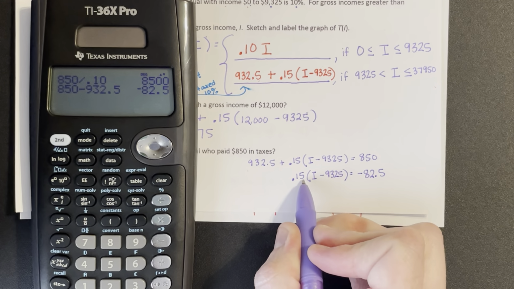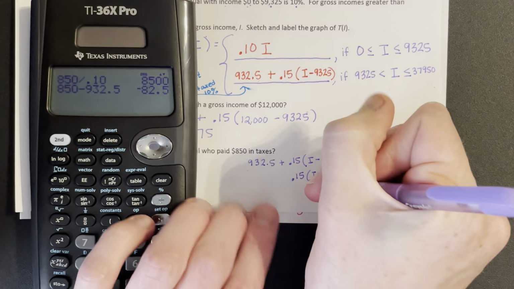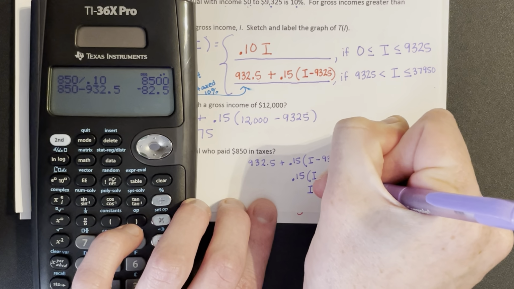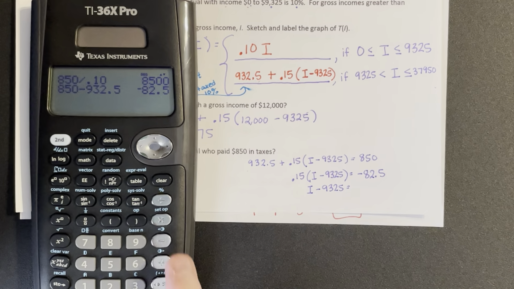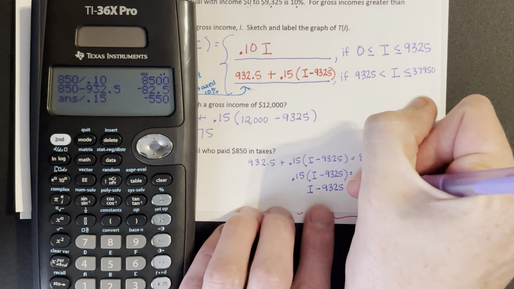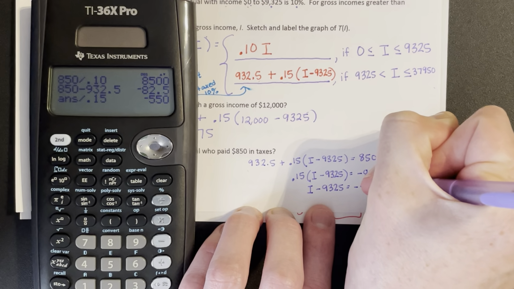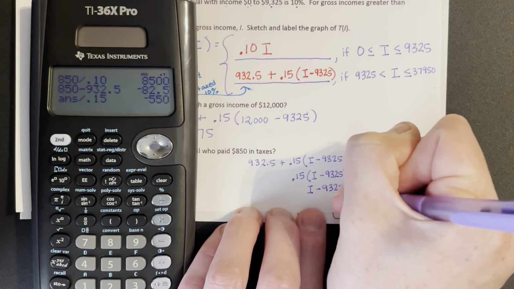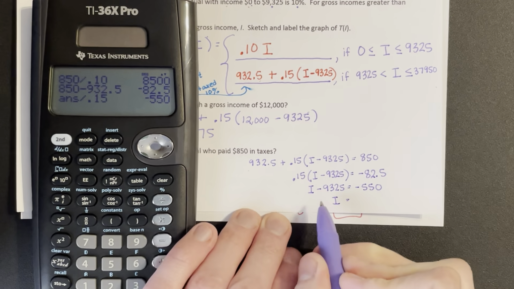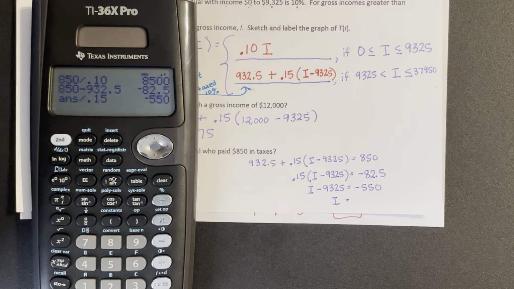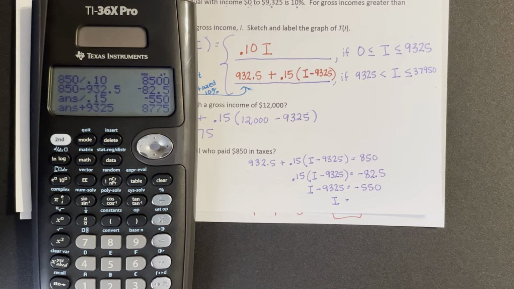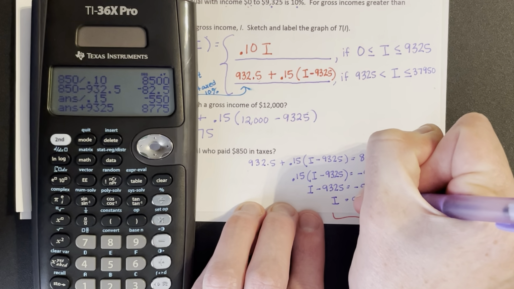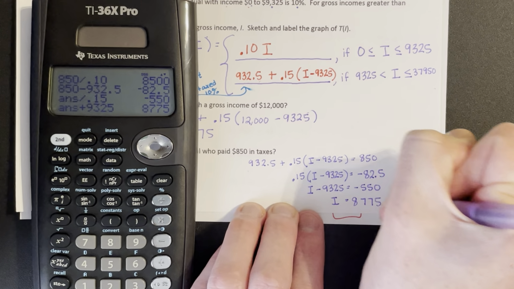Then I'm going to divide by 0.15, so I minus 9325 equals negative 550. The last thing we're going to do to get I by itself is add 9,325. So plus 9,325 gives me 8,775.